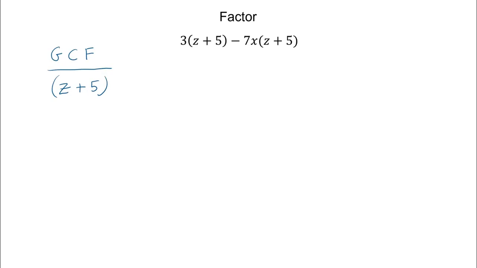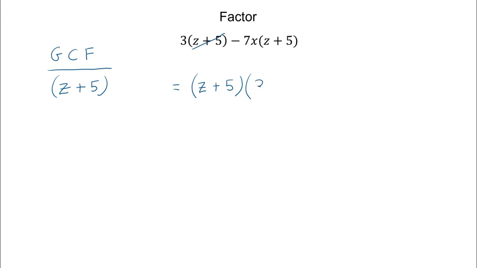So we begin our factorization by taking our GCF, which in this case is a binomial, z plus 5, and writing it outside of our parentheses. Now we have to find what's left over when we divide the first and second term by z plus 5. A little shortcut that we can use when we have a binomial GCF is that when I divide the first term by the binomial GCF, the only part of that term that's left is everything but the z plus 5.